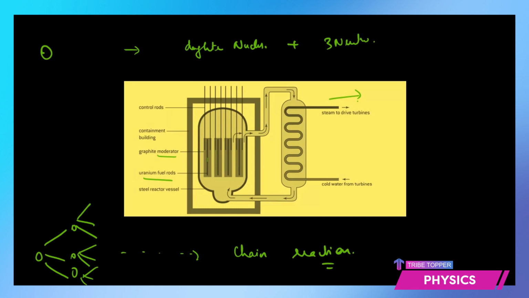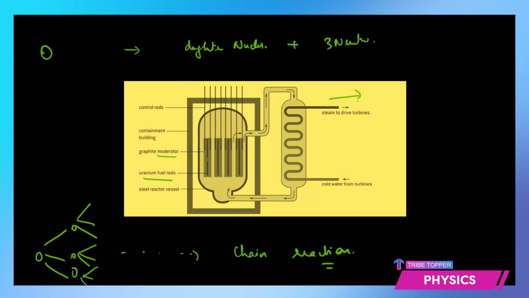So a large amount of energy will be produced, which is of course useful to produce enough heat. But the problem with the chain reaction is that it will go uncontrollable and cause destruction. As you can see here, we are using control rods and moderators.